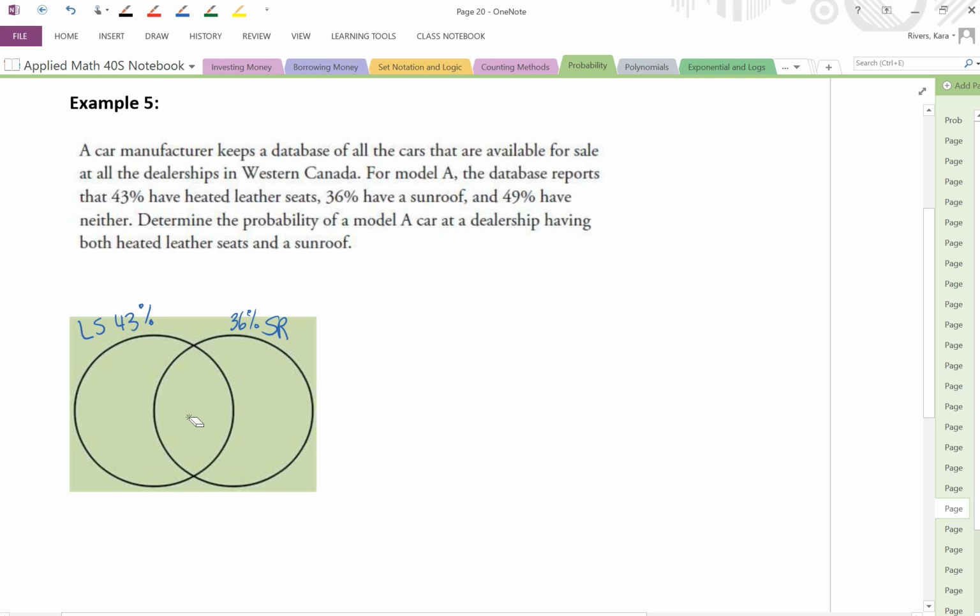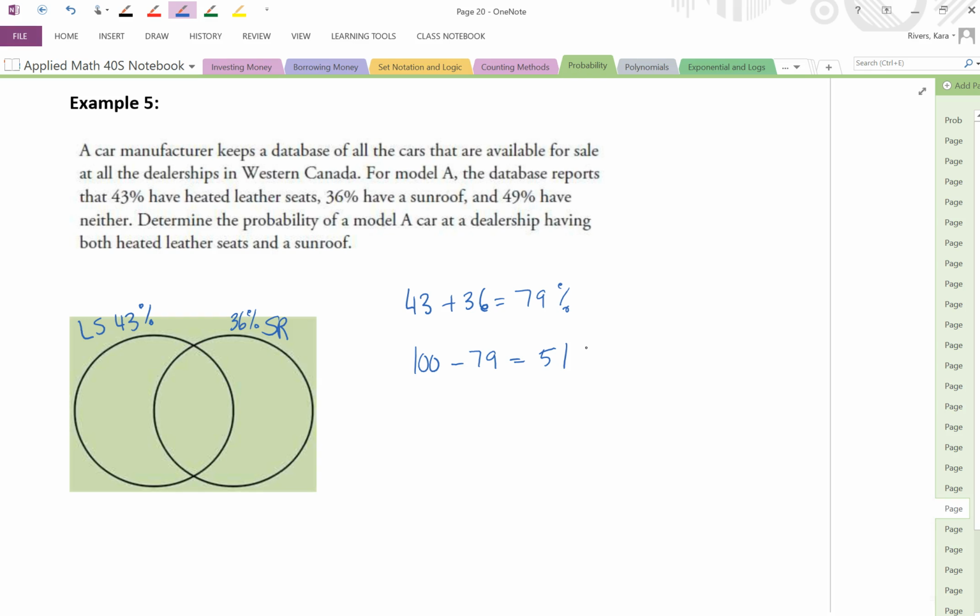So in order to know that, how can I figure out the other information? Well, 43% plus 36% is 79%, right? But the total here, when you add everything up, should give us 100%. So 100% minus 79% gives us 51%. Okay, so 51%.